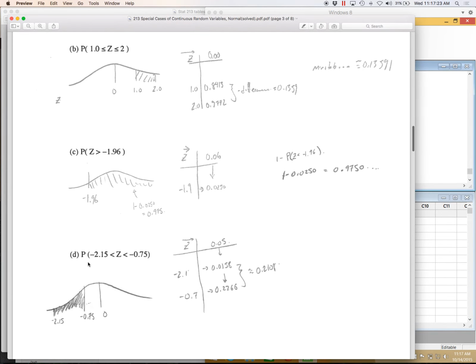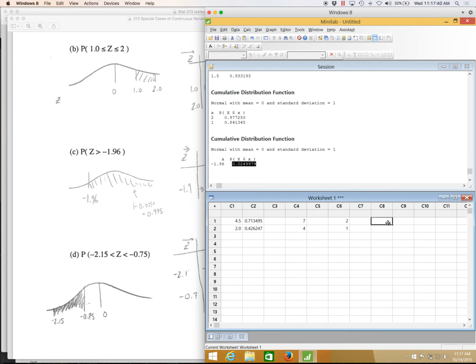What about the area in between these two values, negative 2.15 and negative 0.75? My suggestion, of course, is to always draw the picture so you don't get confused about what's going on. Negative 2.15 in between negative 0.75. Let me just do this one in Minitab. Negative 2.15, also negative 0.75.